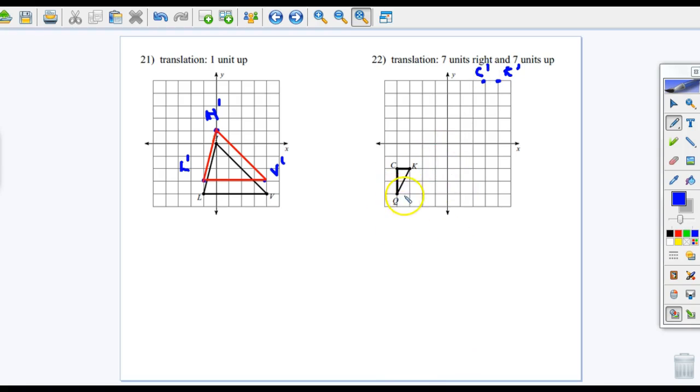My last point here is Q. I'm going to do the same thing. Count 7 units right. 1, 2, 3, 4, 5, 6, 7. And then my last 7 units up. 1, 2, 3, 4, 5, 6, 7. Point there. And we're going to call that one Q prime.